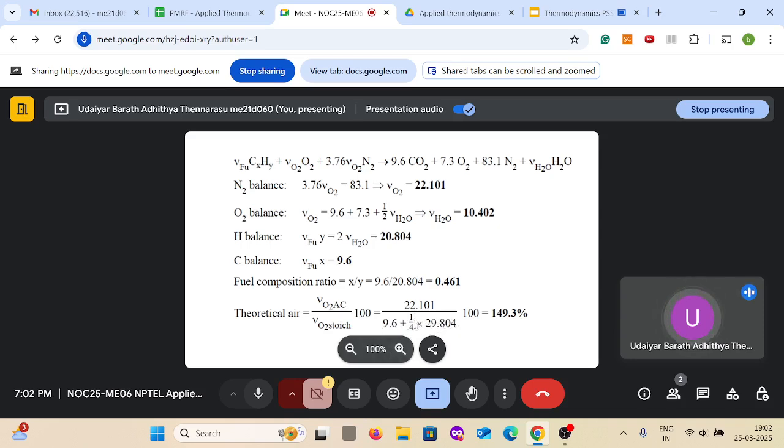So the theoretical stoichiometric moles of oxygen required comes out to be 14.8 moles. So here we are using 22.101 moles of oxygen, and for complete combustion your stoichiometric value is 14.8. So 22.1 divided by 14.8 gives you 149.3%.